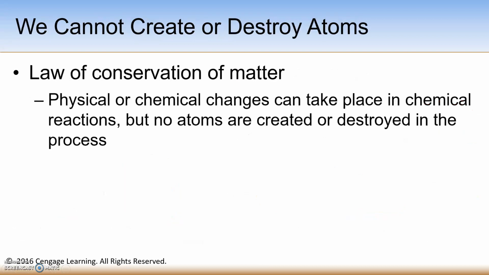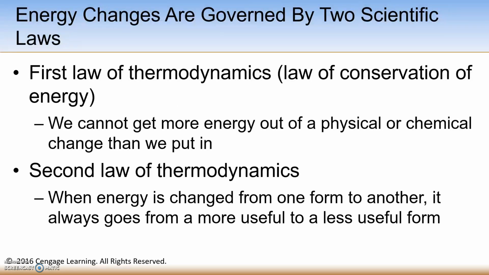Okay, so now let's switch gears and talk about a couple scientific laws. The first one is the law of conservation of matter, which simply states that physical or chemical changes can take place in a chemical reaction, but no atoms are created or destroyed in the process. Also, energy changes are governed by the law of thermodynamics.